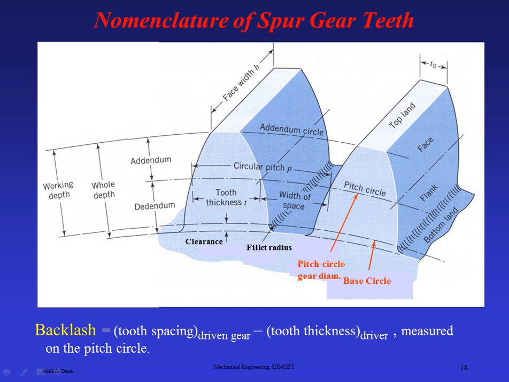The entire circular pitch runs from the start of the tooth on the pitch circle to the thickness plus the width of the space. The total distance is known as circular pitch. It is shown here, this entire circular pitch, small p.